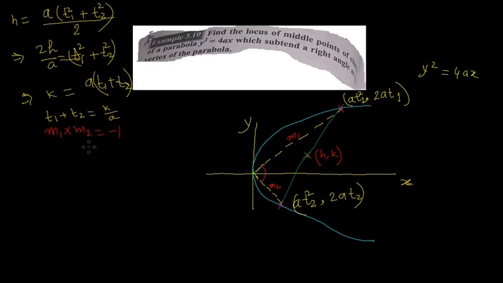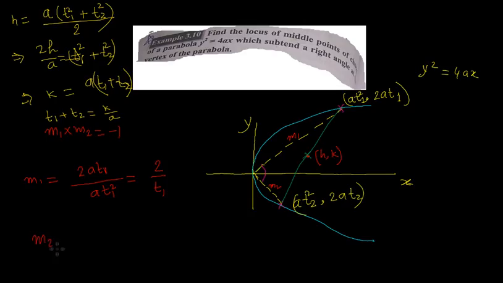Now m1 m2 is equal to minus 1. Apply this formula. m1 will be equal to y2 minus y1 divided by x2 minus x1. So y at the vertex is 0, so 2a t1 minus 0, and a t1 square, you will get 2 by t1.